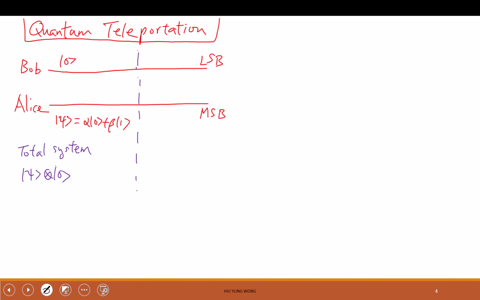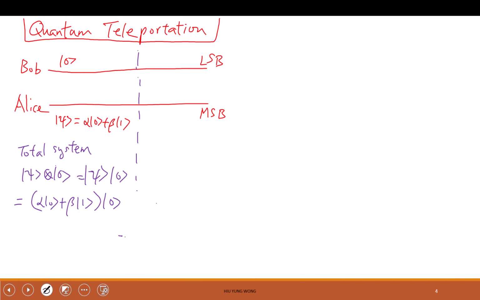Okay, and I can write it as what? Psi 0, right? And then I can write it as alpha 0 plus beta 1, tensor product 0, right? Up to here, is that clear? And you probably should know it very well if you were able to do question 2 in the midterm, the third part, right?